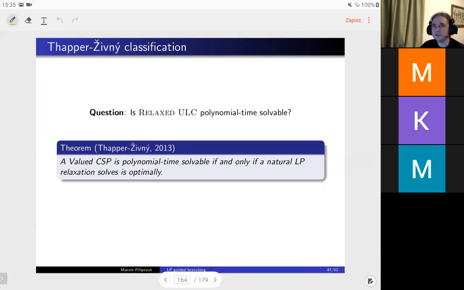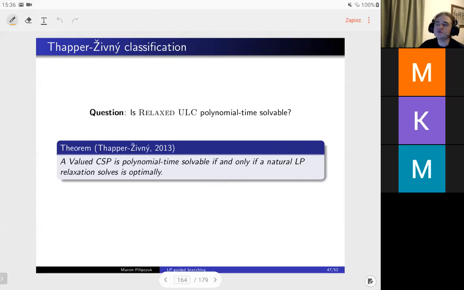But if they're polynomial time solvable, there's a canonical way of solving them. There's a very natural way of writing an LP. For every variable of the CSP and for every value, you take a variable saying to what extent this variable has got this value, and you write the LP and you just do the natural thing there.